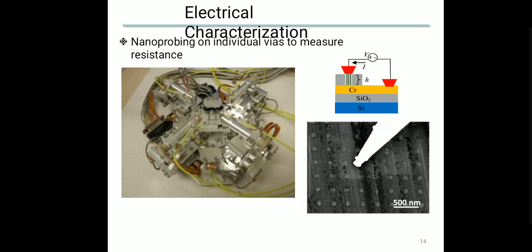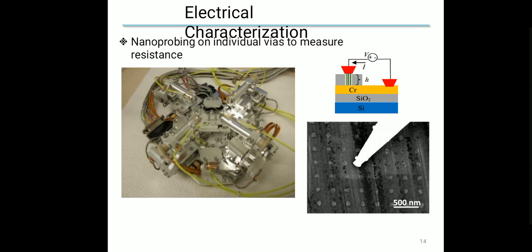Electrical characterization. Nanoprobing on individual wires to measure resistance. Nanoprobing means a method of extracting a device's electrical parameters using nanoscale tungsten. So this nanoprobing on individual wires is to measure the resistance of this semiconductor or these walls.